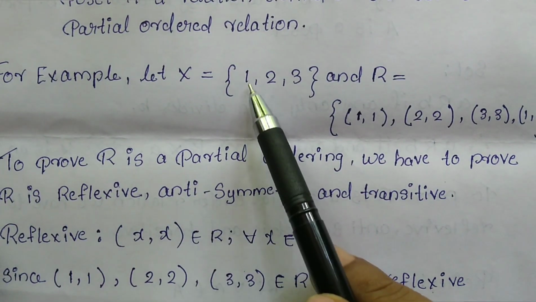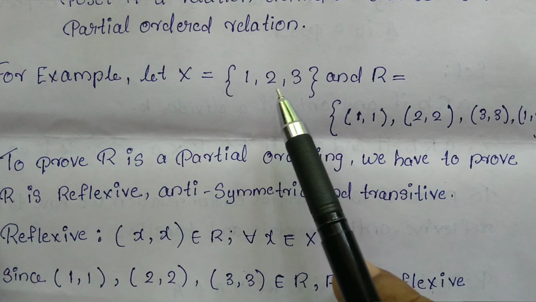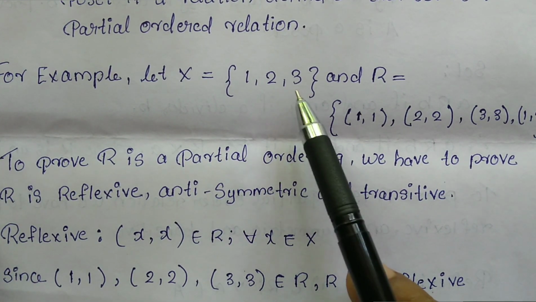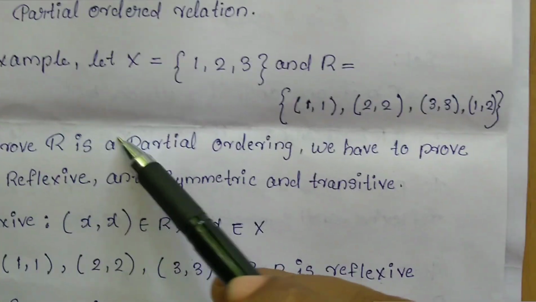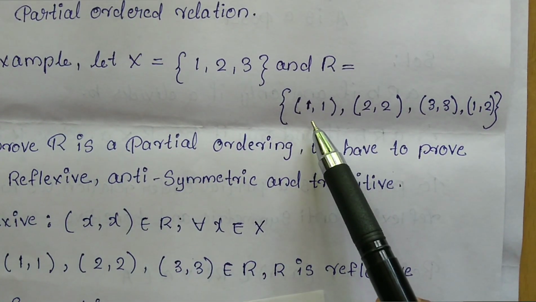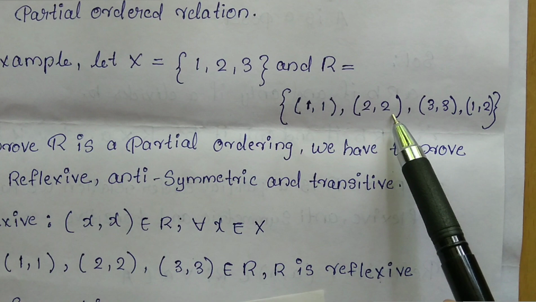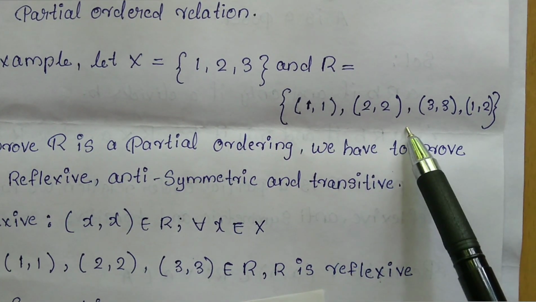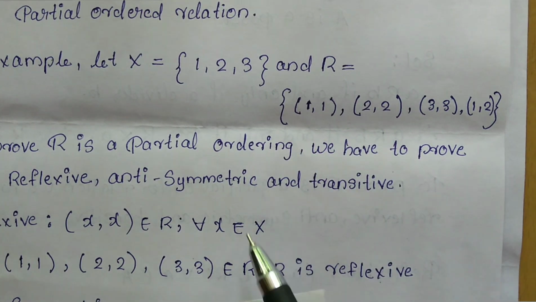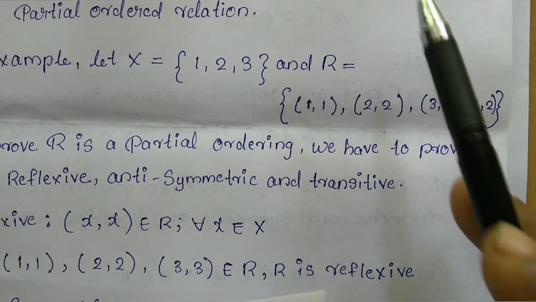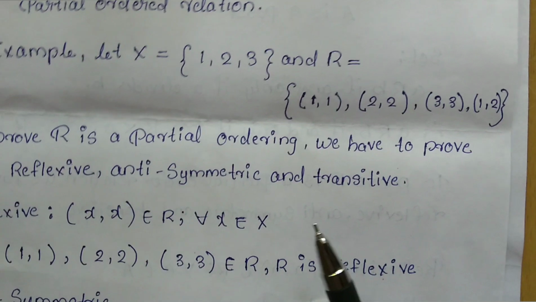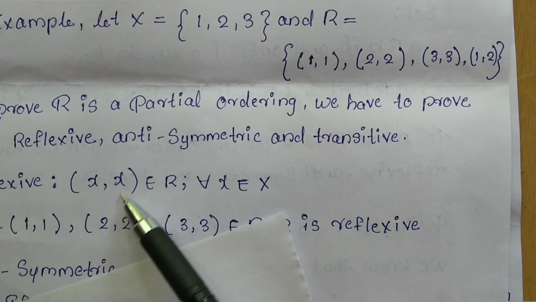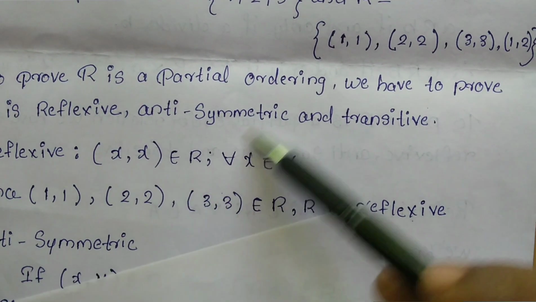Our set contains 1, 2, 3, so we should have 1,1, 2,2, 3,3. In the relation, we have 1,1, 2,2, 3,3. These two coordinates should be equal. Hence, it satisfies the reflexive condition. Once again, reflexive means these two coordinates should be identical.